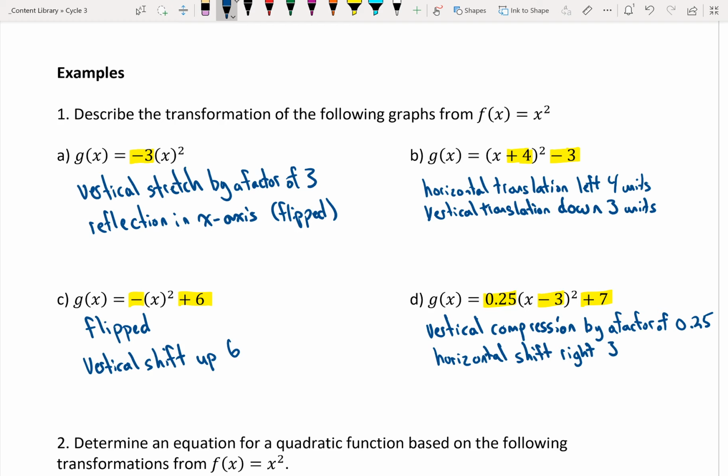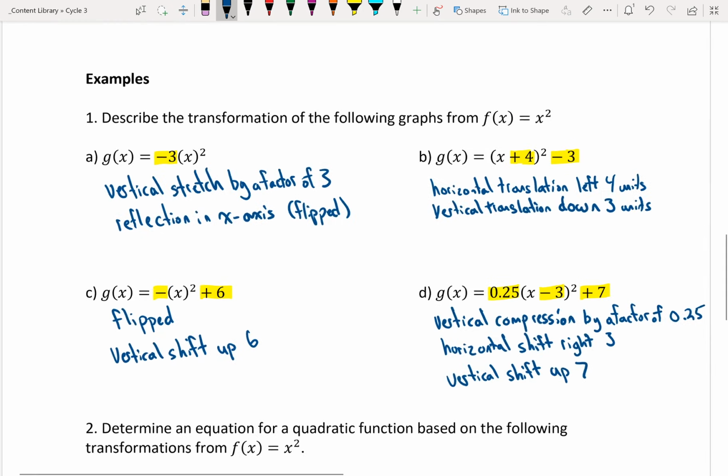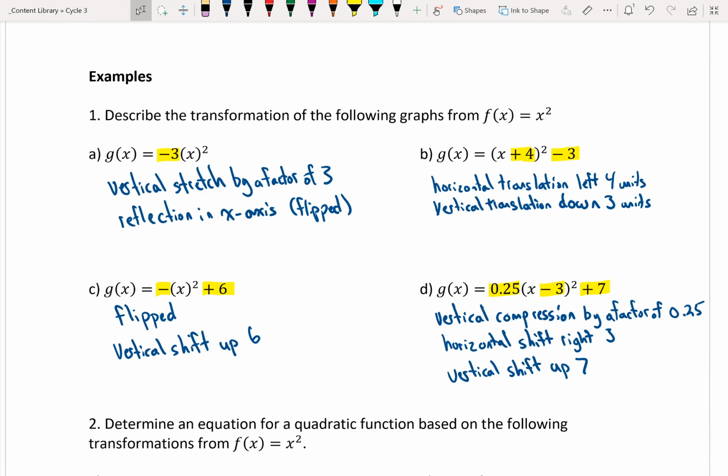And our last value, the K, we have a vertical shift up 7 because it's a positive 7. So that's how we look at an equation of a quadratic function and come up with what the transformations are, again, based off of this base form here. Remember that's your base form at the top. That's what everything refers back to.